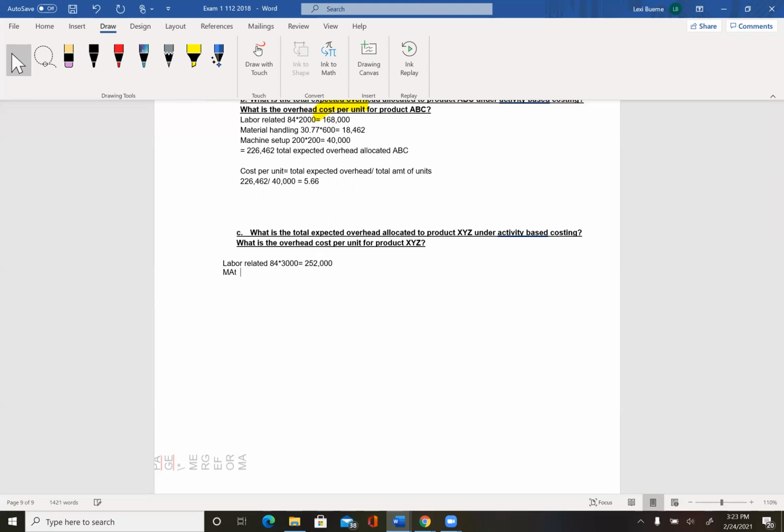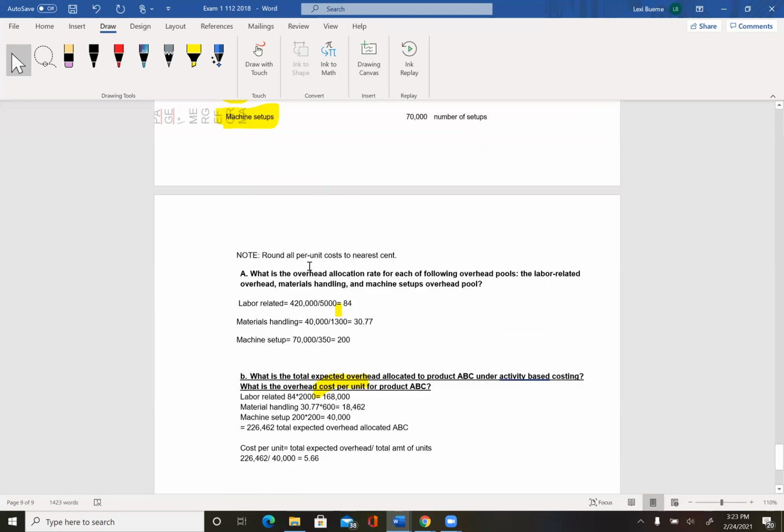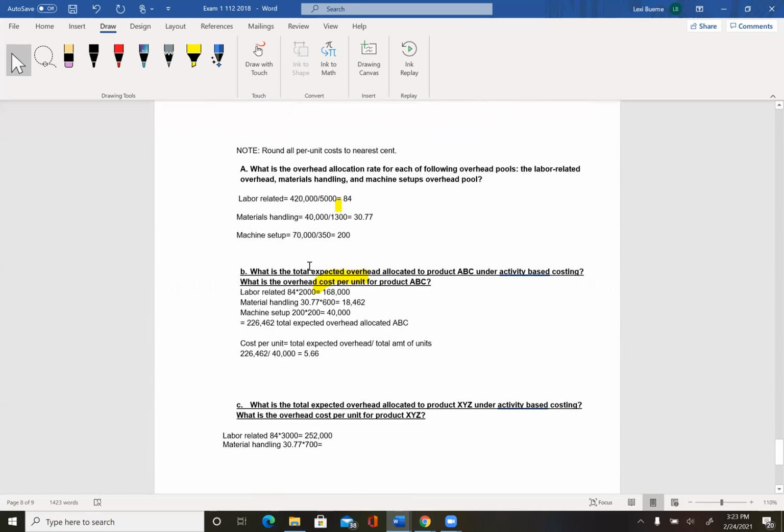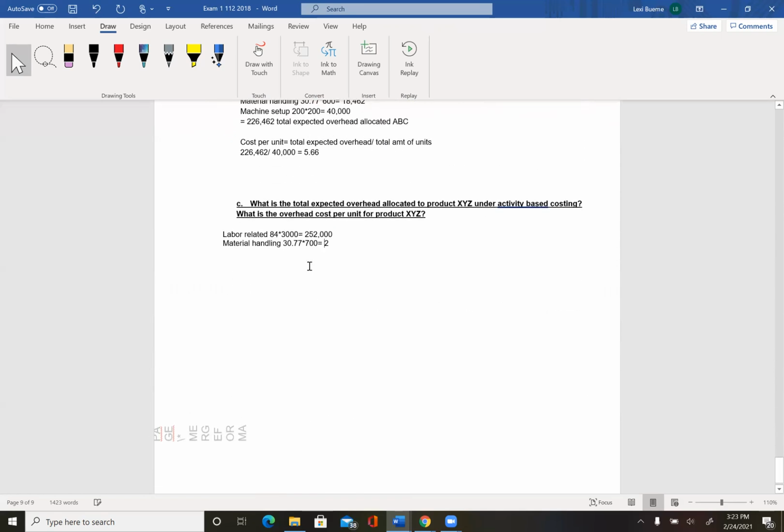For material handling, you're going to take the 30.77 times 700. And that 700 is going to come up here. That's material handling. That gives you 21,539. And then machine setup equals 200 times 150.